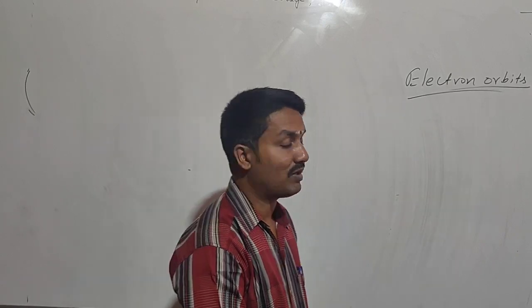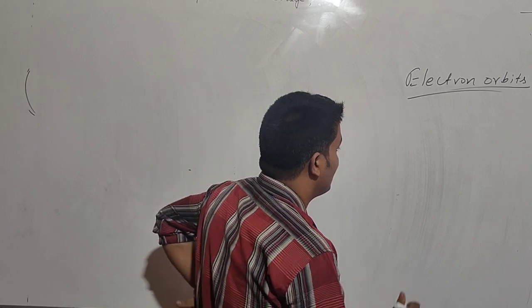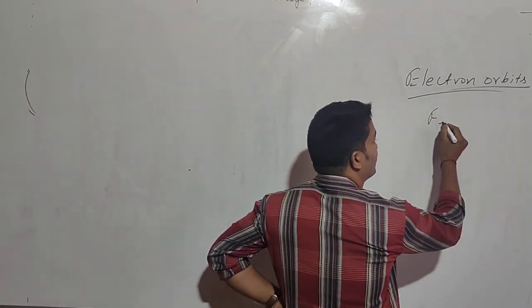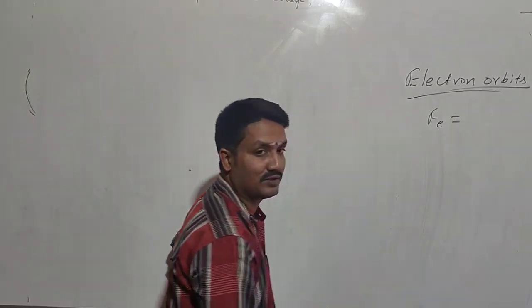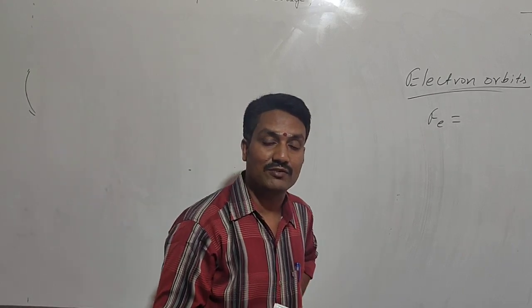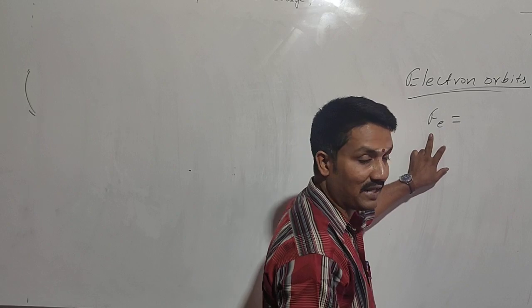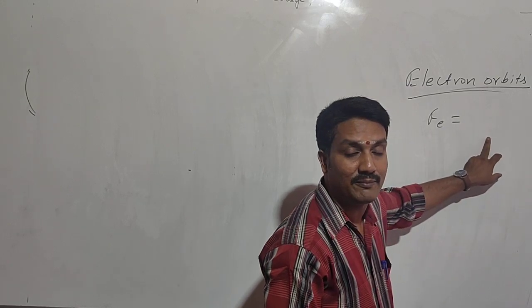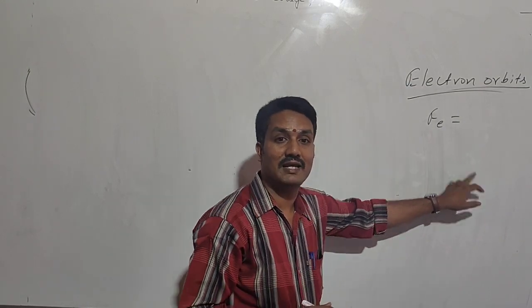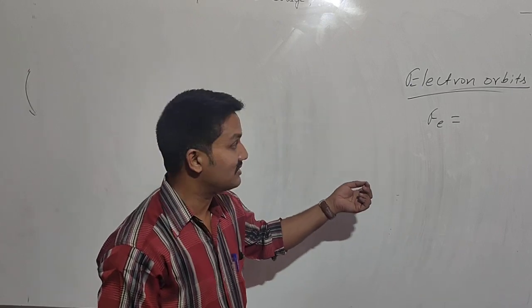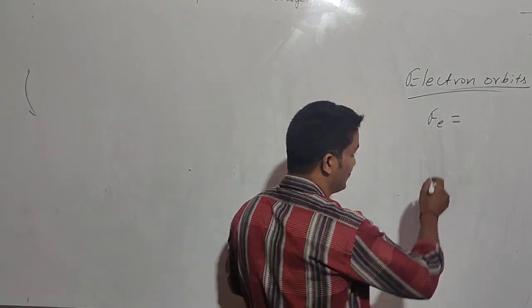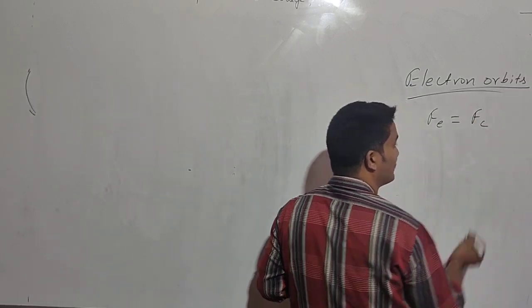In that one, what has he given? The electrostatic attraction force between the electron and the nucleus supplies the necessary centripetal force between the electron and the nucleus. According to that, Fe is equal to Fc.